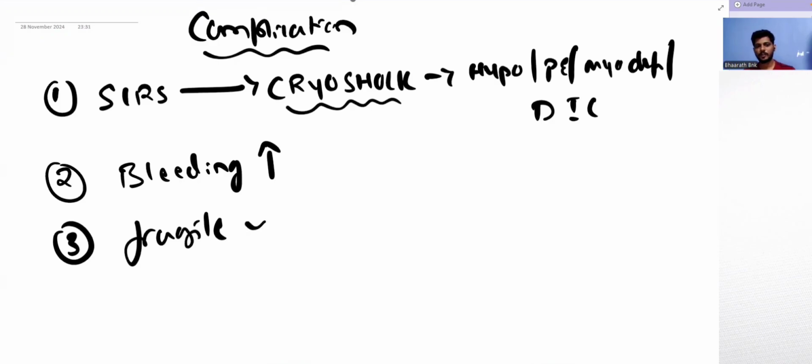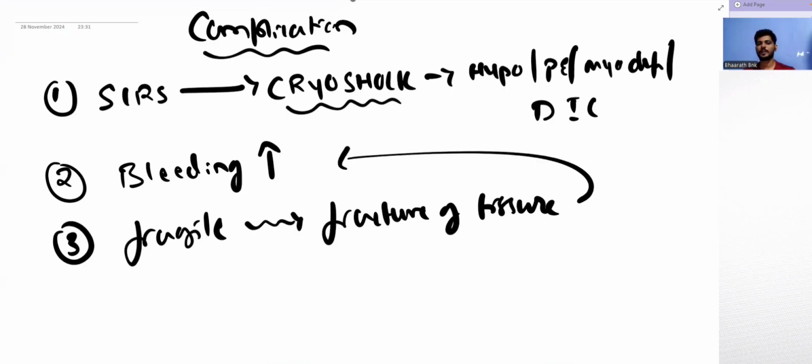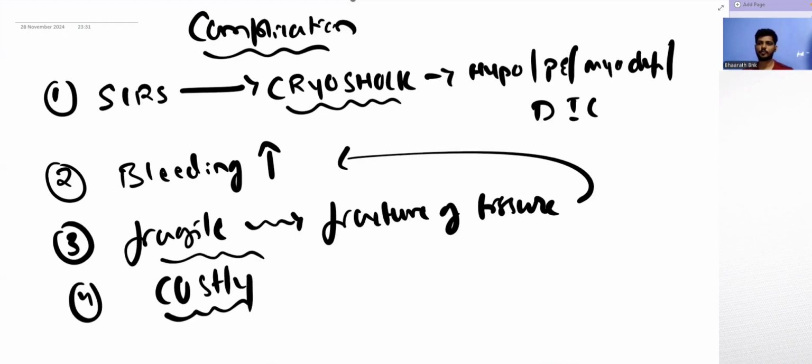And when the tissue becomes fragile, even a slight movement of the probe can lead to fracture of the tissue. The tissues get fractured and this will further enhance the bleeding. And fourth, in cryoablation, the use of gases and cryoprobes is comparatively costlier. So these are the complications or disadvantages of cryosurgery compared to thermal ablation.